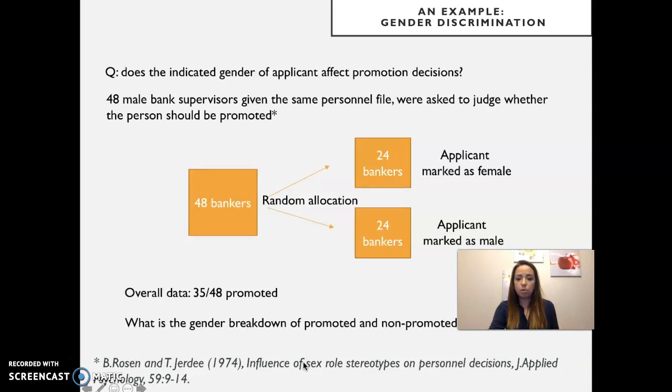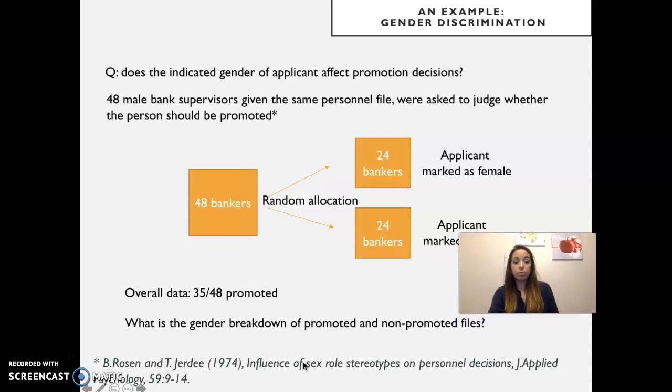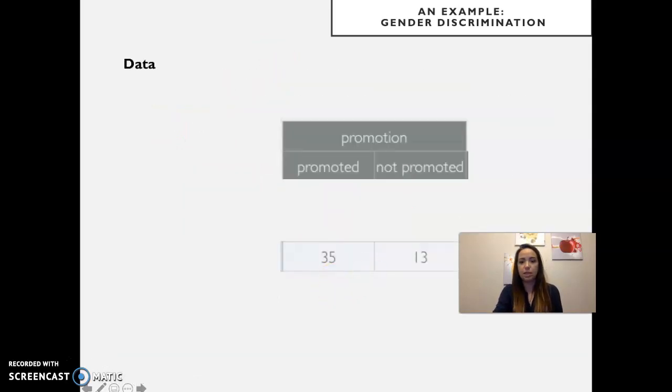Now, the overall data indicates that 35 out of 48 of the bankers decided to promote the applicant. However, because of the question we're asking about gender bias in those promotion decisions, we need to know what's the gender breakdown of those promotions. So let's look at the data next.